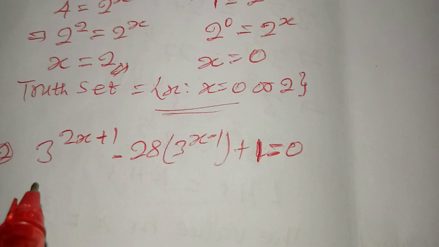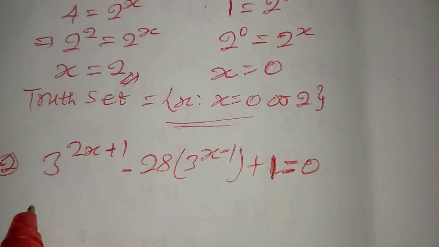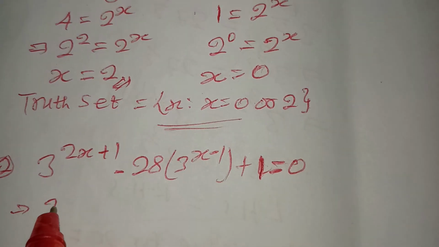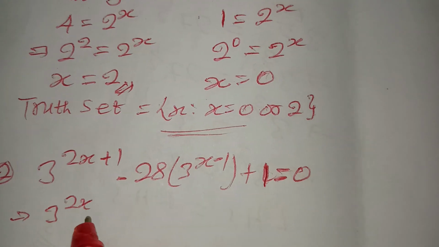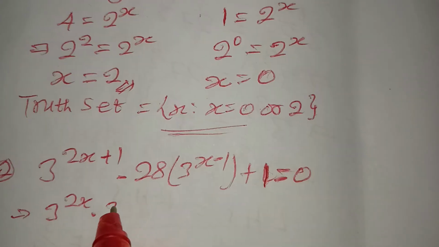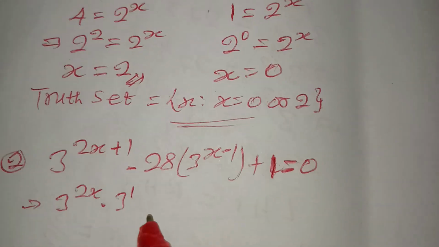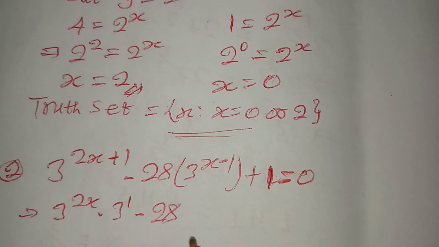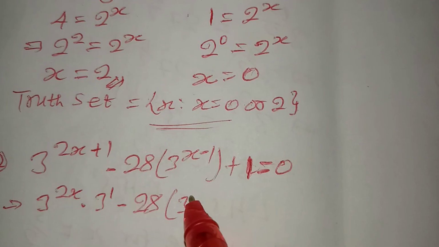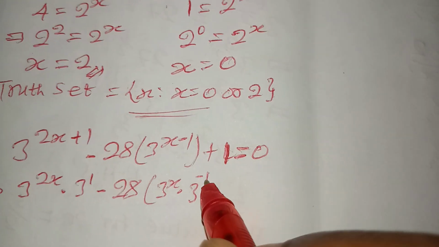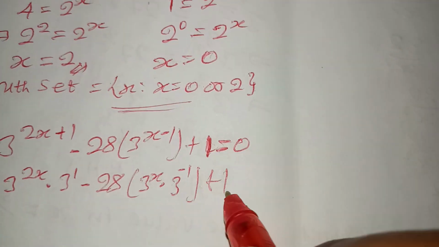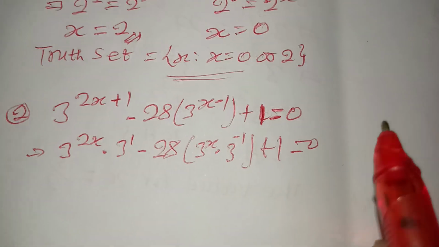So here we can redistribute this as 3 exponent 2x multiplying with 3 exponent 1, minus 28 times 3 exponent x multiplying with 3 exponent -1, plus 1 equal to 0.